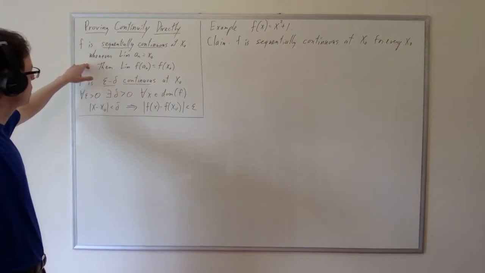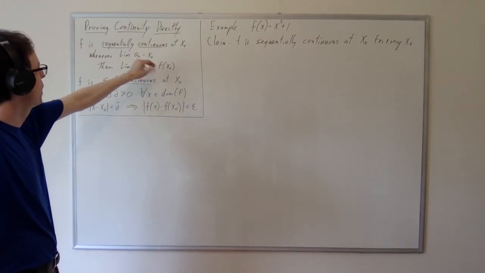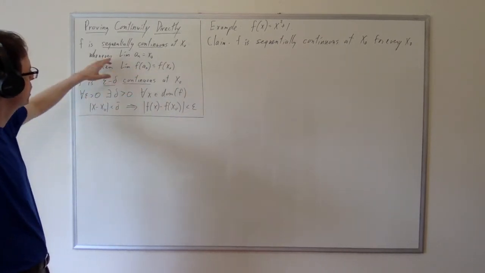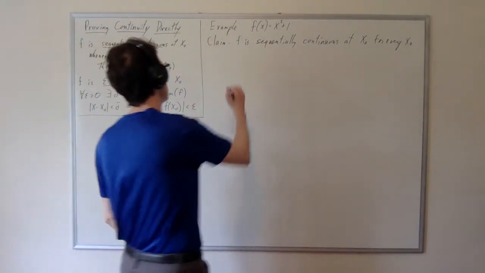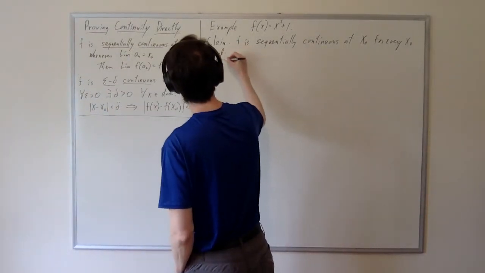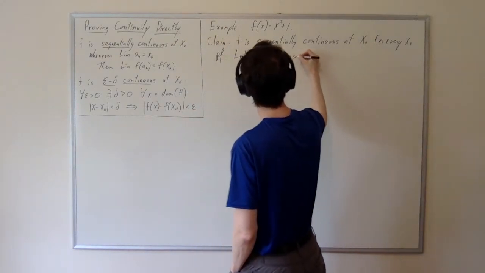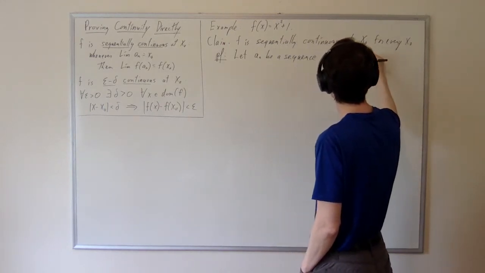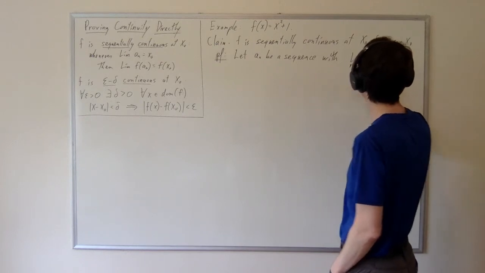Sequential continuity means whenever the limit of an is equal to the value x naught, then the limit of f of an will be f of x naught. So we're going to assume that we have a sequence an and it converges to x naught. Let's prove this. So let an be a sequence, and we're going to assume about that sequence that its limit is x naught, and of course that's as n goes to infinity.